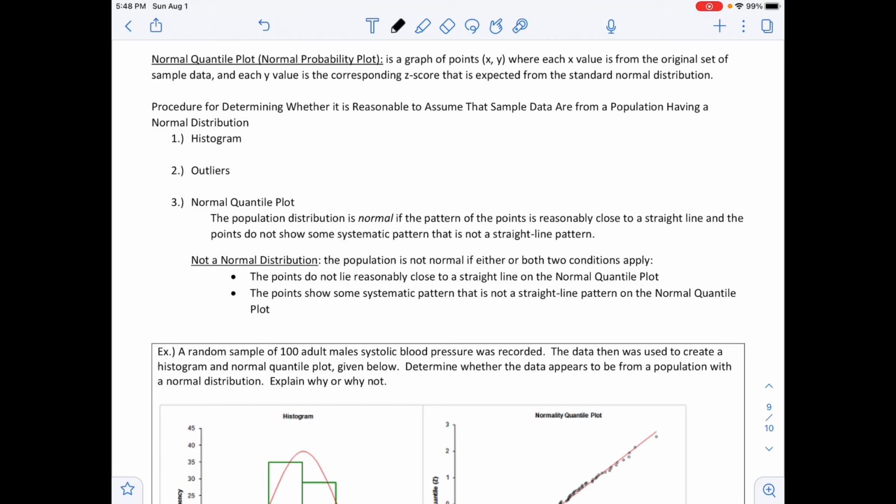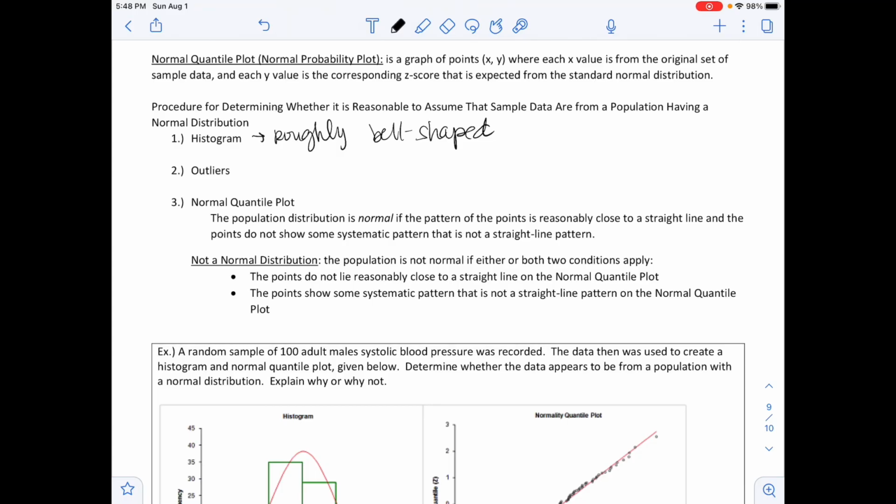So a procedure for determining whether it is reasonable to assume that the sample data are from a population having a normal distribution. First thing is that visual inspection of a histogram, and so we want to look to see if it is roughly bell-shaped. If it's not bell-shaped, then it's obviously not normal.